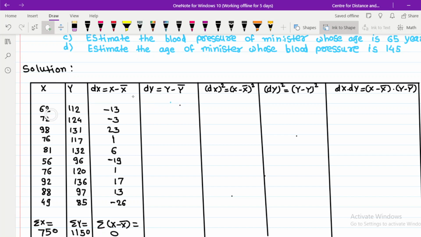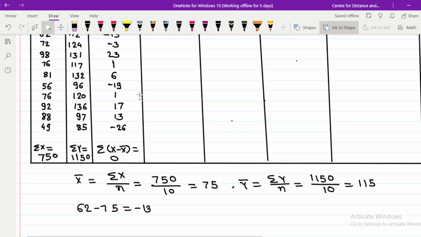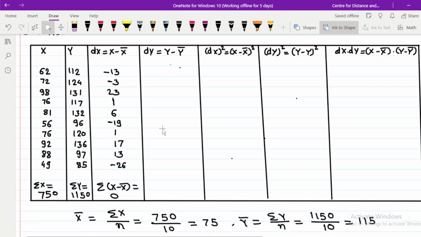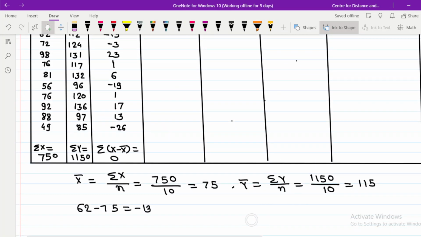Here we have to calculate dy is equal to y minus y bar. That is, for the value of 62, the value of y is 112. Therefore, dy is equal to 112 minus 115, which is equal to minus 3.